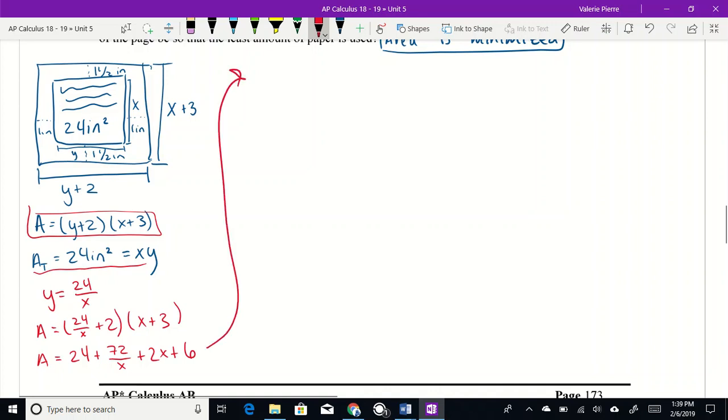And I can rewrite this in polynomial form as A equals 30 plus 72x to the negative 1 plus 2x. So I've officially completed steps 1 through 4. My primary equation is in terms of one variable.